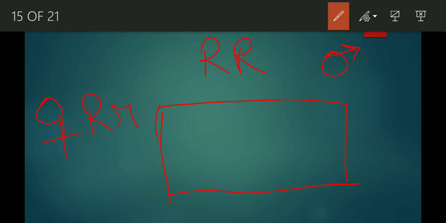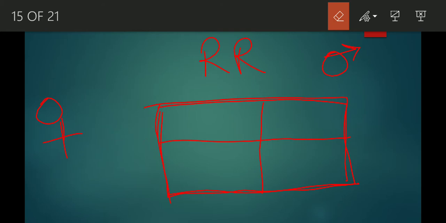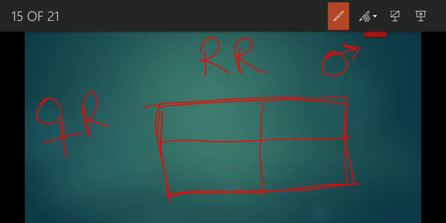Okay, so as to see what will be the result of the offspring, a square is drawn, that is the Punnett square. After meiosis, the mother will produce capital R and small r.